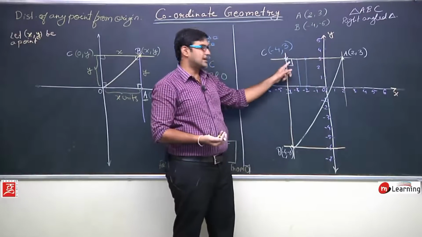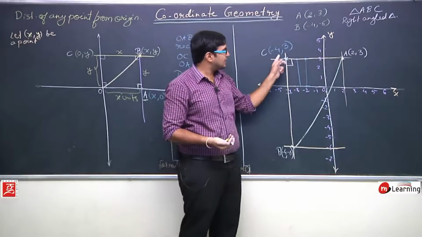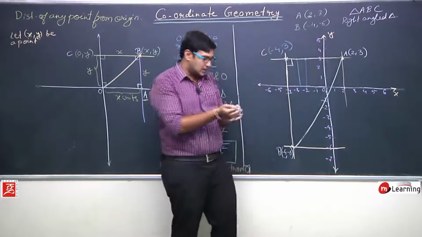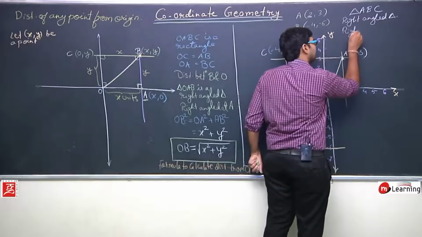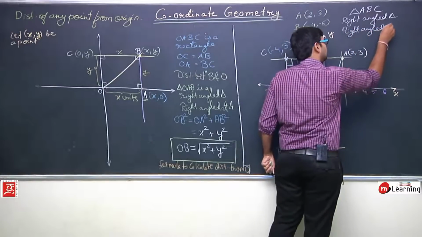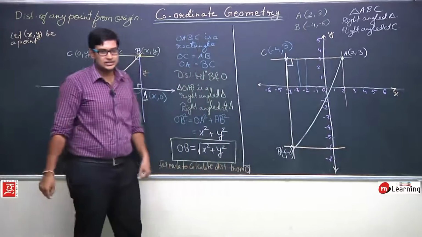So this angle has to be 90 degrees, and triangle ABC is a right angled triangle, right angled at C.